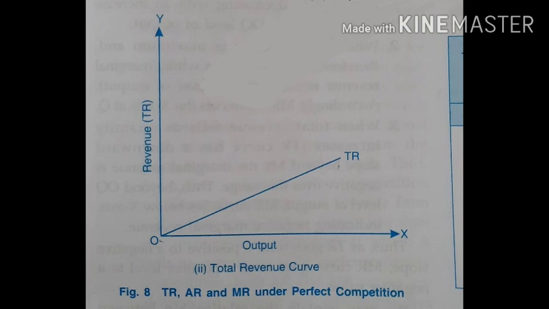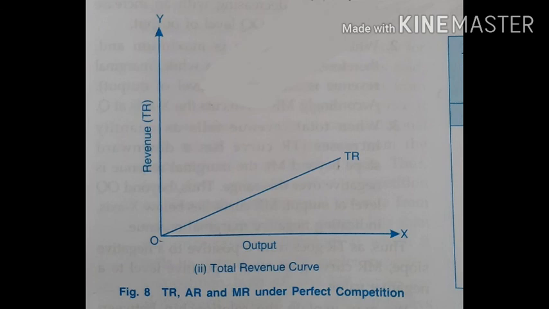That is, total revenue is increasing at all levels of output, and it is increasing by a constant amount. That amount is rupees 15, because every unit is sold at the same price. So the change in total revenue is constant, right?